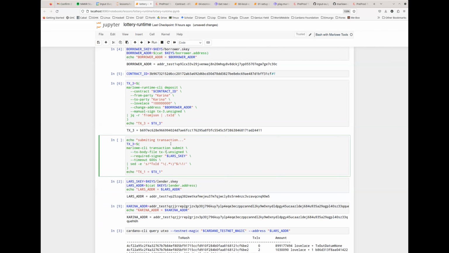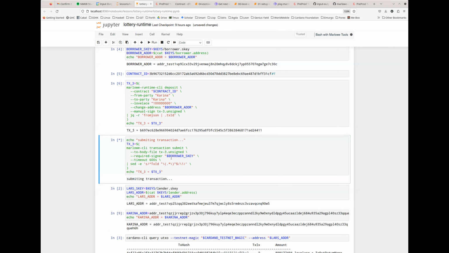So the file is now called TX3. The key is now this borrower. That's the one where the Karina NFT now sits. So for the test, we still have 5 minutes left until the deadline is reached.